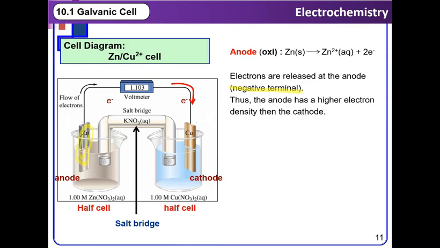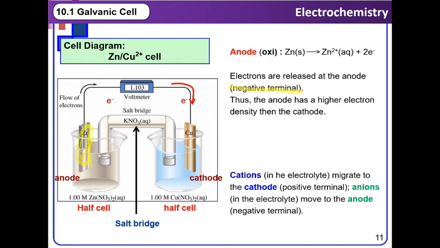So the anode has a higher electron density than the cathode, meaning the electron density at the anode is very high.